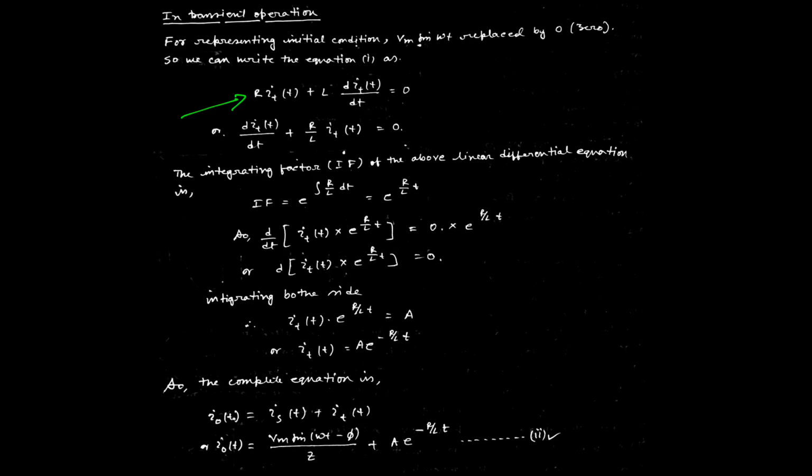Dividing both sides by L, we get the expression d/dt plus R by L i_t. That means the integrating factor is IF equal to e to the power integration of R by L dt. So this term is the integrating factor.